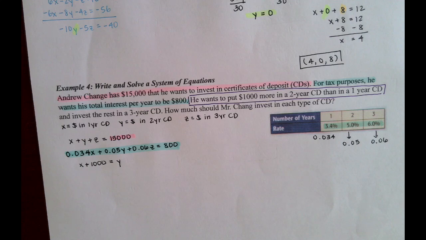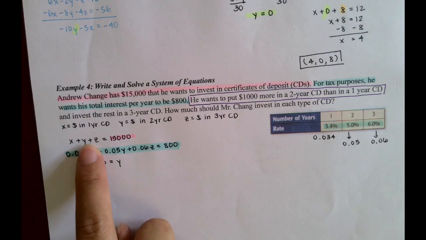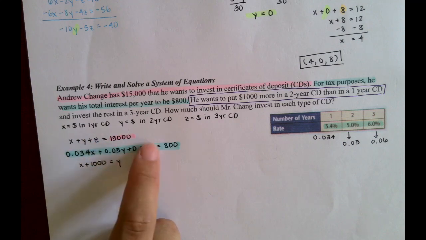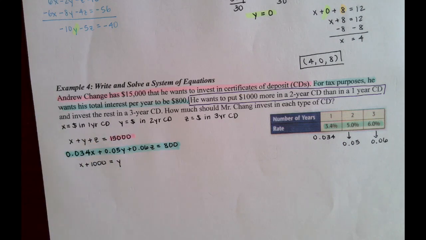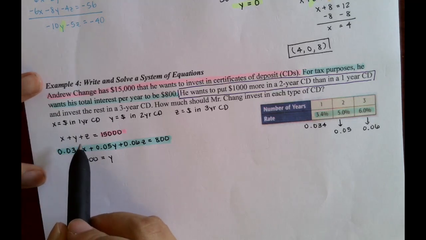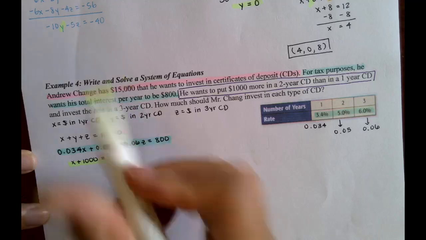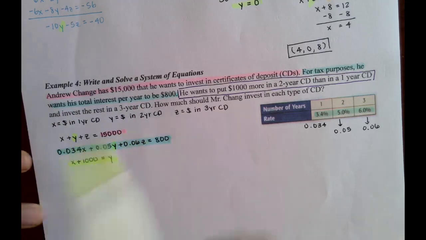With this one, I'm actually going to solve it with substitution. Since I know what y is, I'm going to substitute it into each of these. So I'm going to take this y and substitute it into both of them.